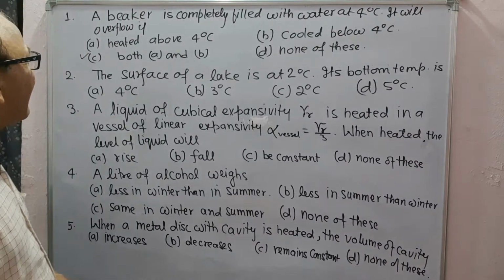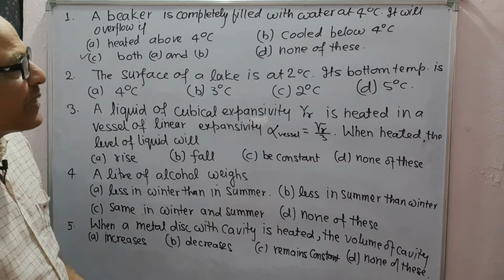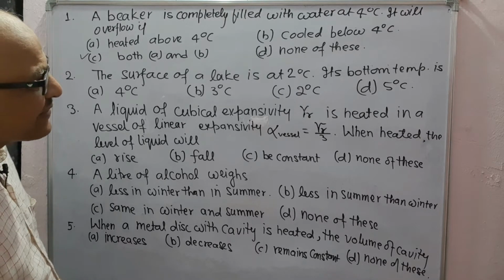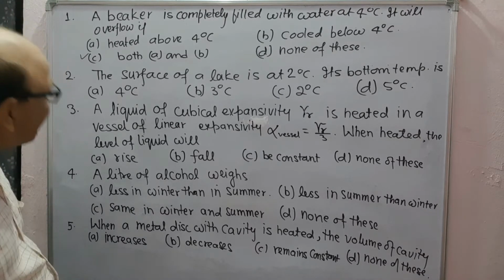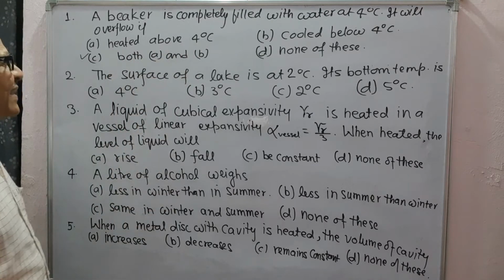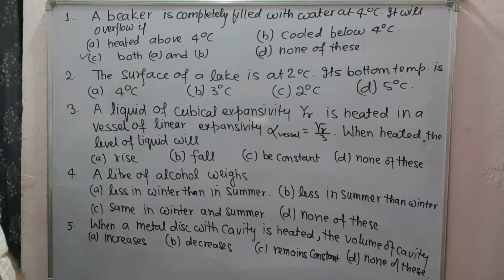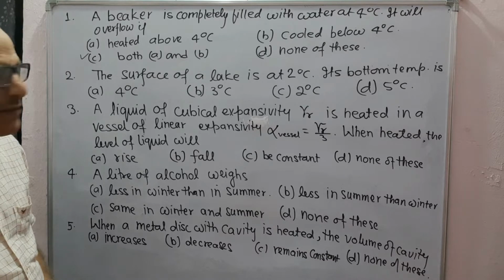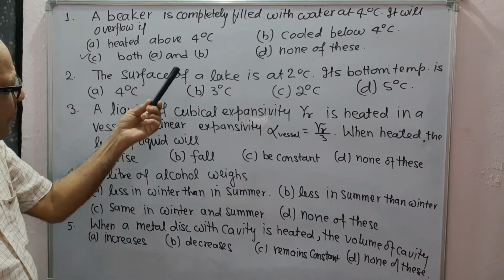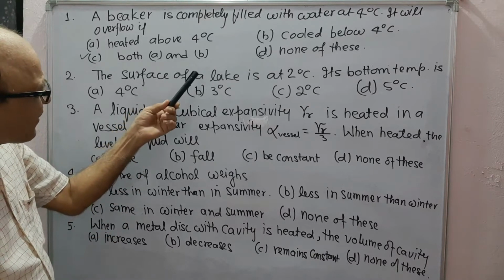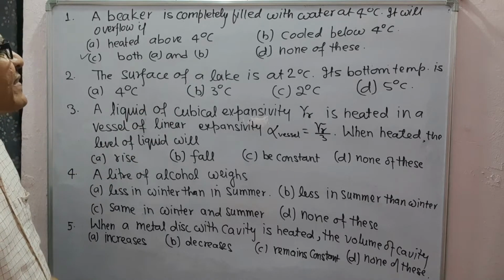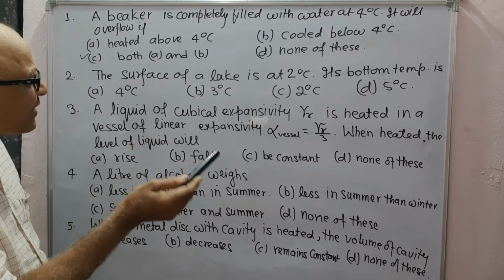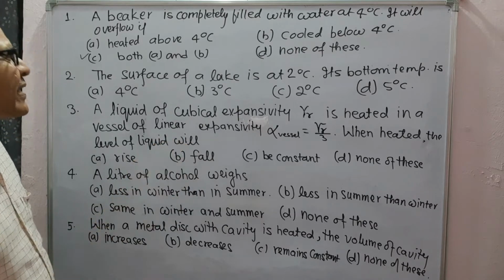Question number 1 is, a beaker is completely filled with water at 4 degrees Celsius. It will overflow if, these are the options. As you know, from the anomalous expansion of water, the volume of water is minimum at 4 degrees Celsius. It increases above 4 degrees Celsius and below 4 degrees Celsius.